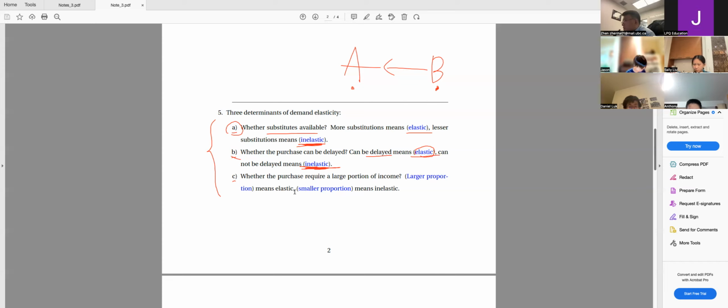If your family is considering buying a house in Vancouver, costing maybe $1 million, $2 million, $3 million, so much money, that is a big part of your total lifelong income. In that case, you care about the price change, because that is a large part of your lifelong income.